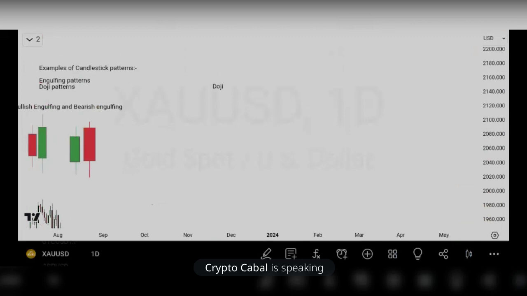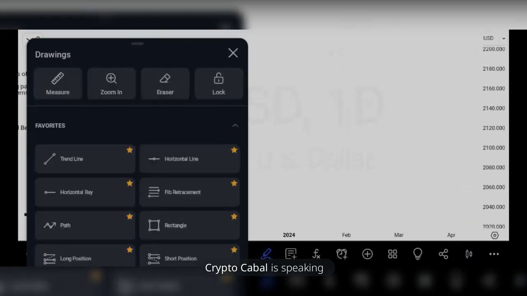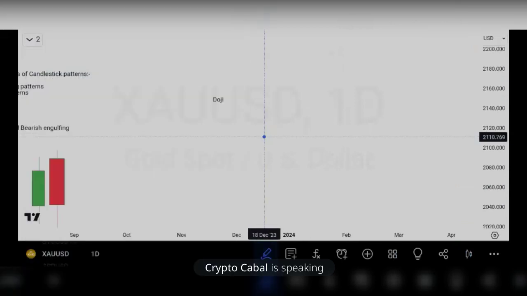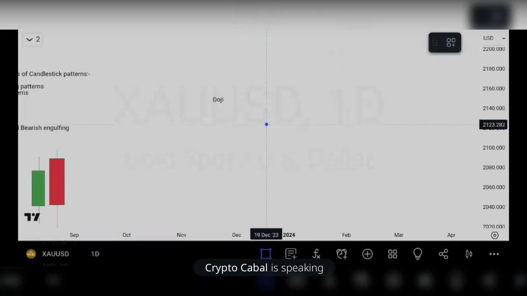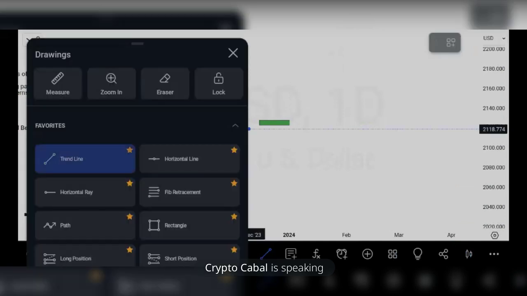When we say the opening and closing prices are very close, we mean you have something like this: a very thin-bodied candle, and we have a wick.